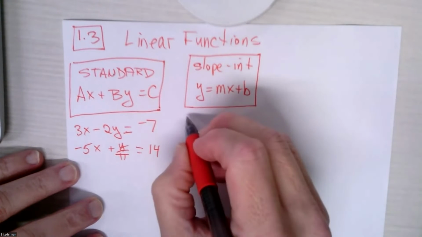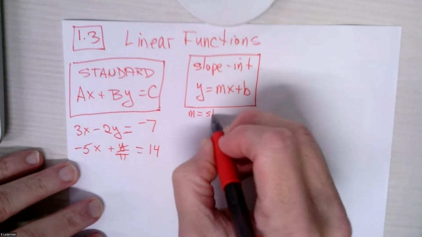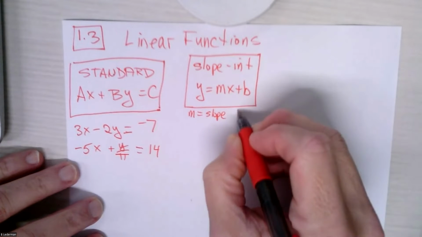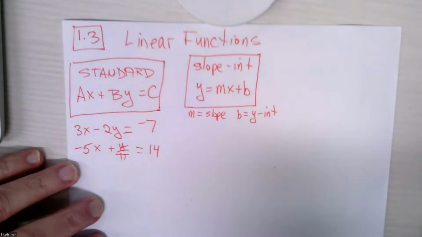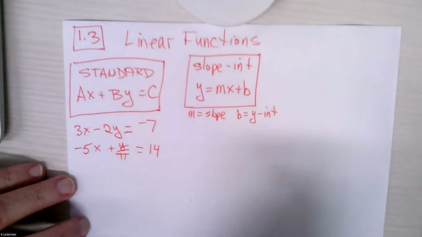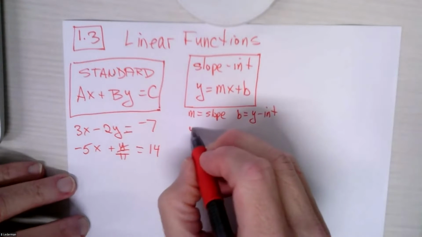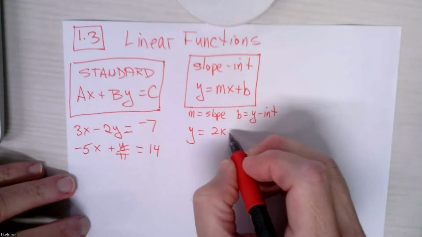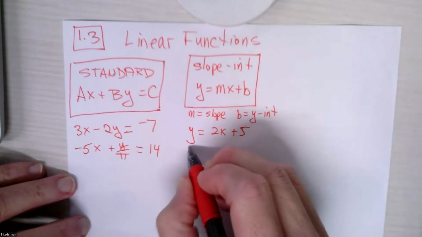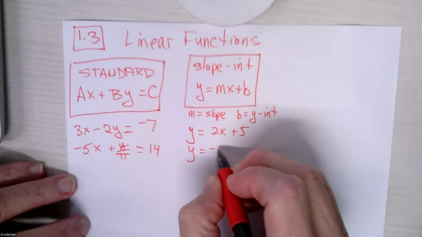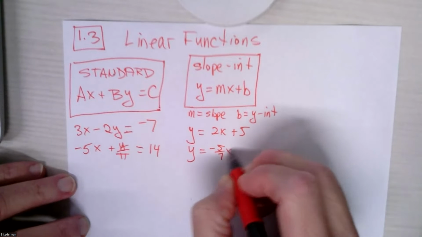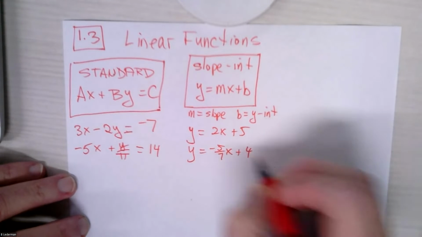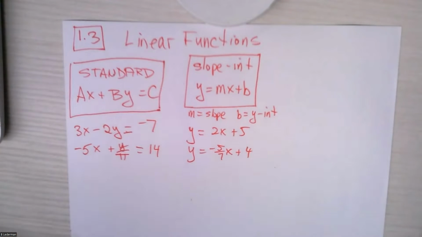M is the slope, and b equals the y-intercept. I'm going to show you in a second what that means. This would look like y equals 2x plus 5, y equals -5 sevenths x plus 4, or so forth.